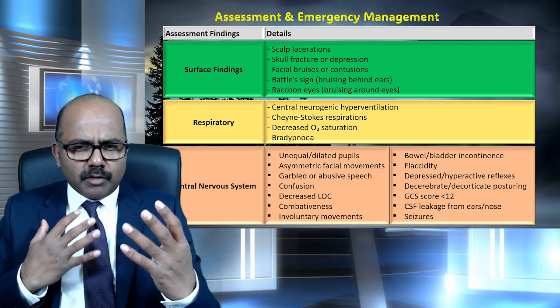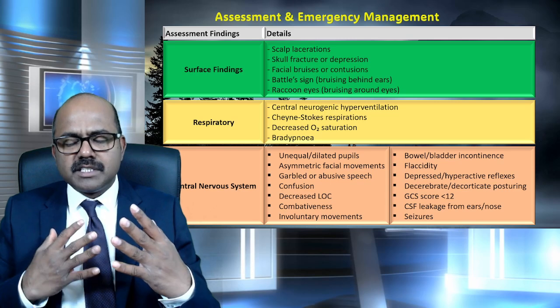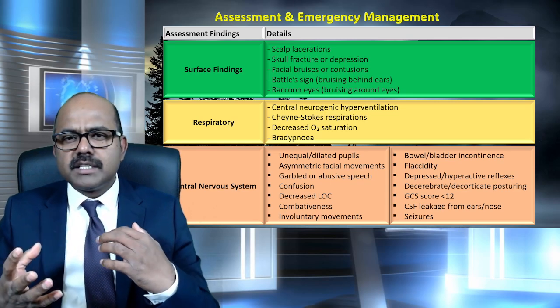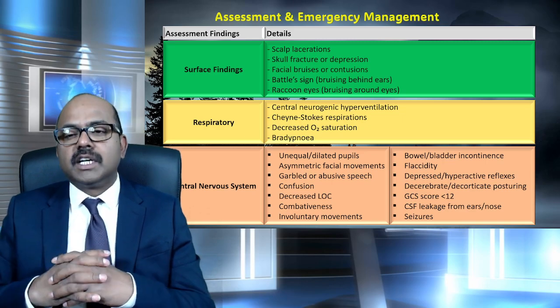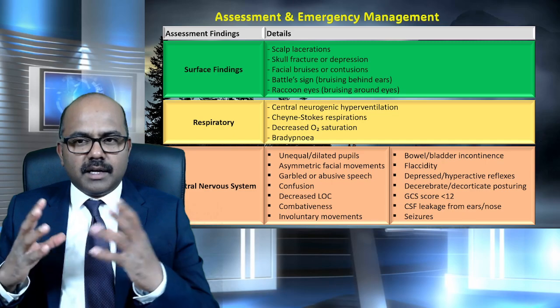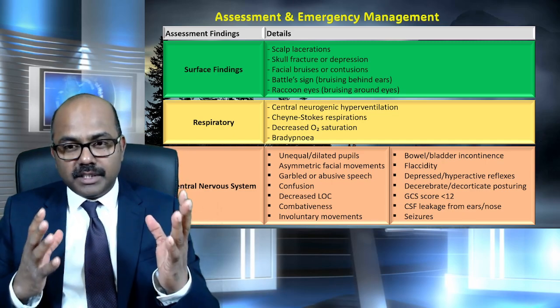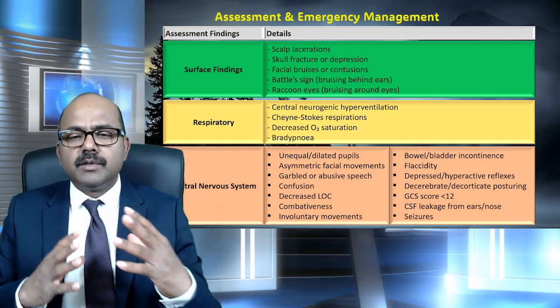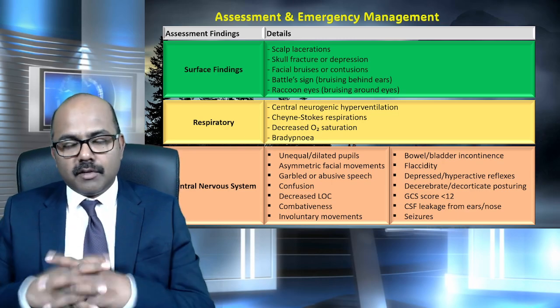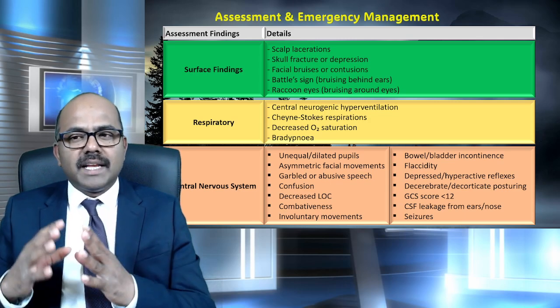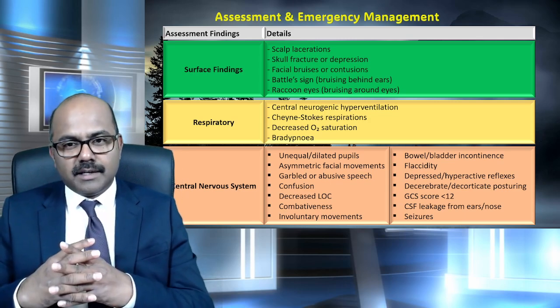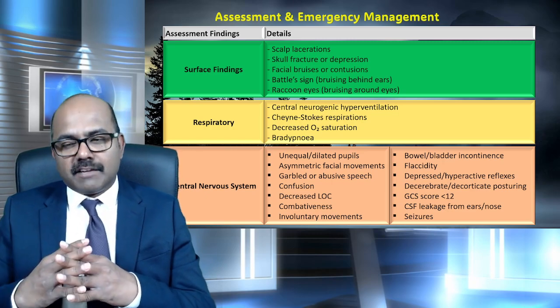Look at the neurological status. Is the patient alert and oriented, or abusive or confused? Look for any kind of neurological deterioration. Is the level of consciousness reduced, or is it fine? Look at the GCS score. A GCS score of less than 8 is very critical, and the patient needs airway management.